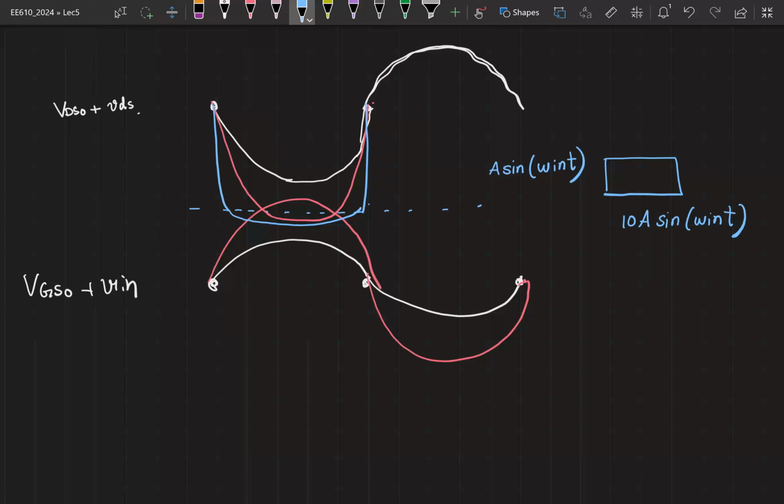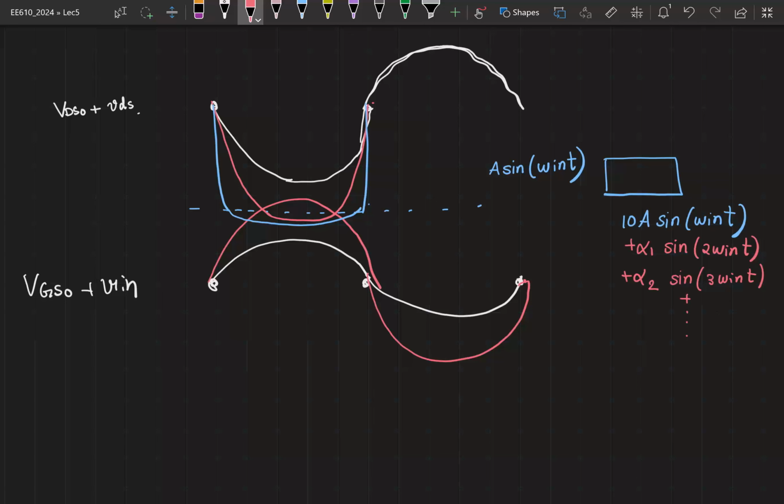Now you have a distorted sine wave. You do a Fourier analysis, you would see that there is a sine omega in t, plus some alpha 1 into sine of twice omega in t, plus alpha 2 into sine of 3 omega in t, etc. Right? So you gave something at omega in, at the output you are seeing omega in plus its harmonics.